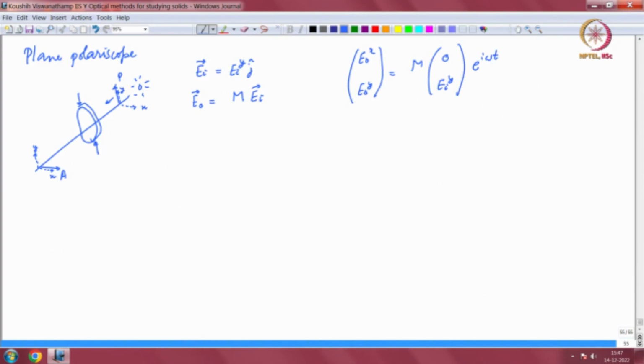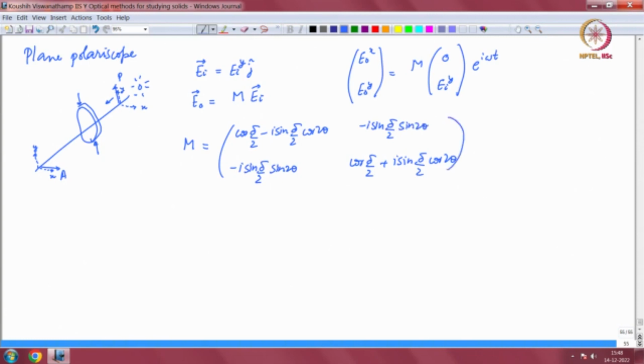And if you go back and put that matrix, remember what the matrix was, we had cos delta by 2 minus i sin delta by 2 cos 2 theta, cos delta by 2 plus i sin delta by 2 cos 2 theta, and minus i sin delta by 2 sin 2 theta here and here. If you act this, so M times 0 and E_I y will basically give you this times this plus this times this.